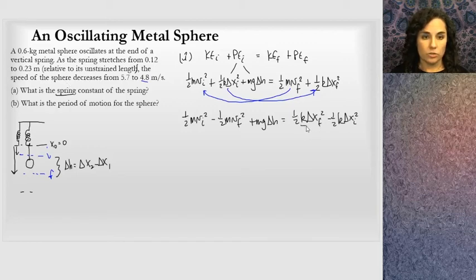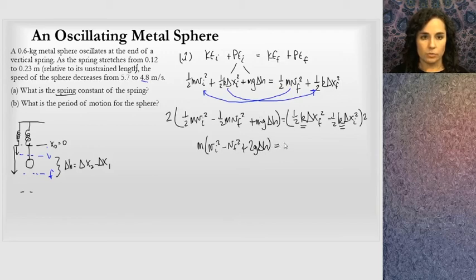I'm going to continue to solve. I'm solving for k in here. One thing I will do is multiply both sides by 2. That will get rid of a lot of the factors of half through here, and I'll only have a factor of 2 here. I'm going to factor an m out of those terms, and I'm going to factor the k out of that term. So I get m times v initial squared minus v final squared plus 2g delta h, factoring the m out and distributing the 2 in.